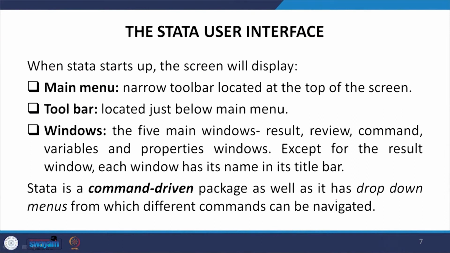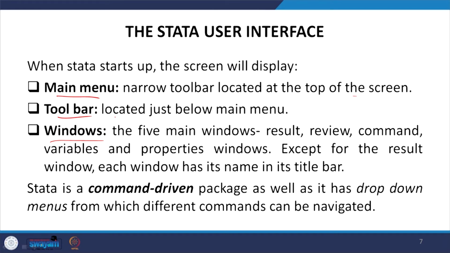So, let me go to the previous slide once again. As I already mentioned, it has the main menu, then toolbar, windows, then let me clarify something inside it. Like the main menu, that is the narrow toolbar located at the top of the screen, and then the toolbar that is located just below the main menu I have already mentioned.